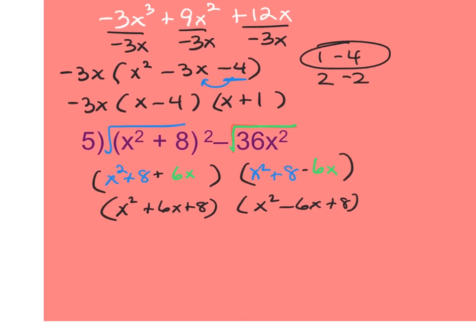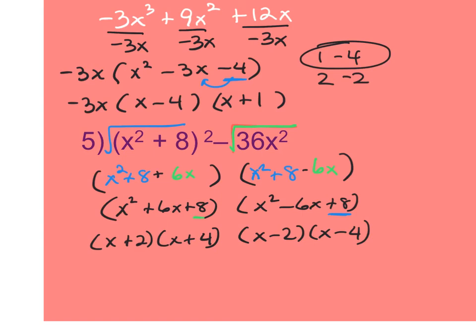For this one, I'm going to look at the factors of 8 that give me 6. And that's going to be x plus 2, x plus 4. Same thing over here. Factors of 8 that give me negative 6. So this tells me my signs are going to both be negative. And you're done.